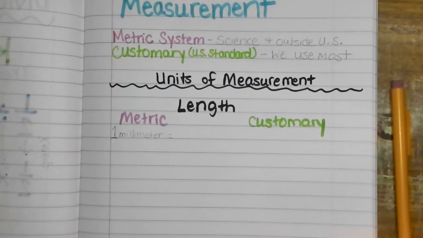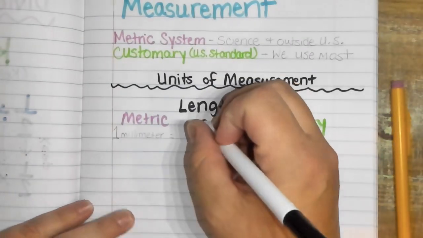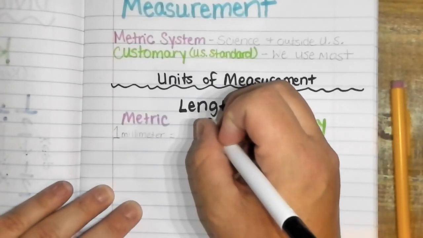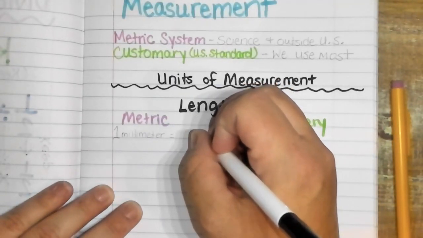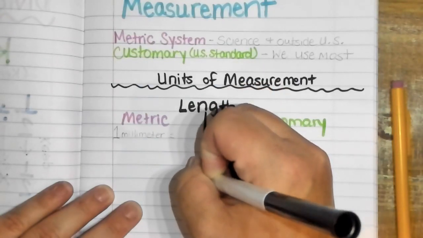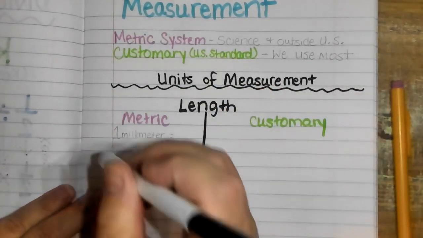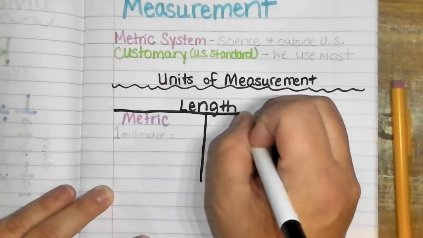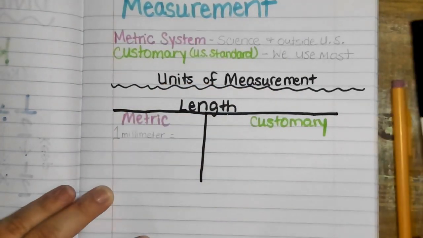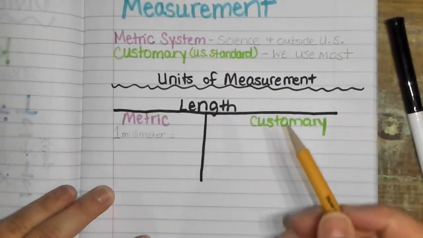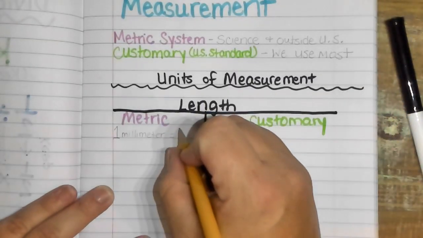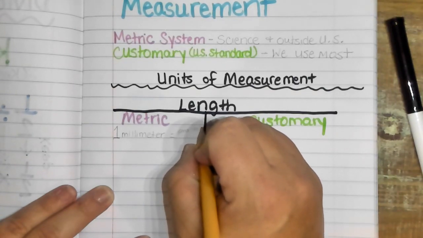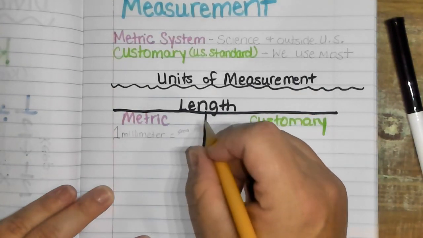All right, and then in the customary, I'm going to draw a quick line through here, and I'm only going to do about 4. So there's length of our metric side and our customary side. This is the smallest unit on the metric side.